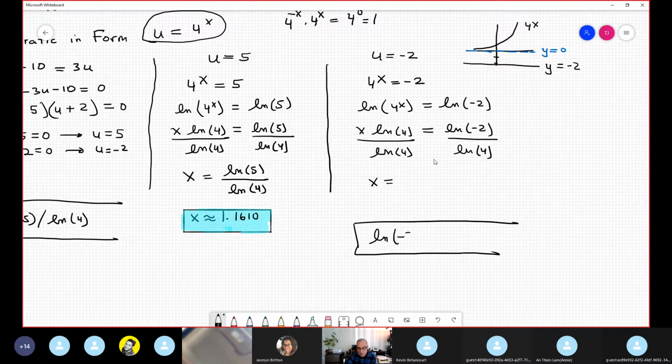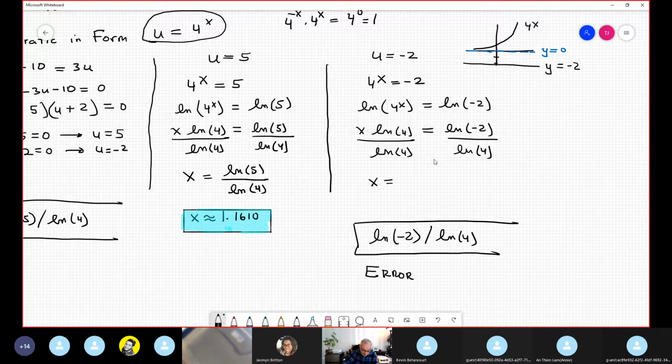Natural logarithm of -2 divided by natural logarithm of 4. I try in my calculator, and you let me know what you see. I get an error saying not real answers. Error, because it's completely out of the domain.